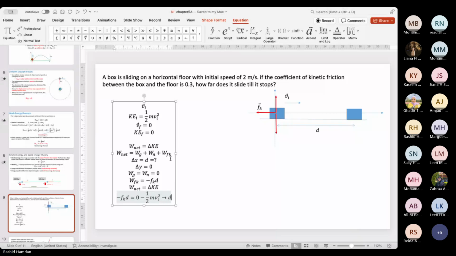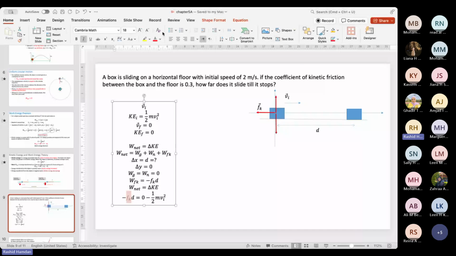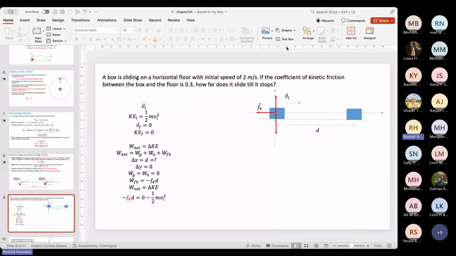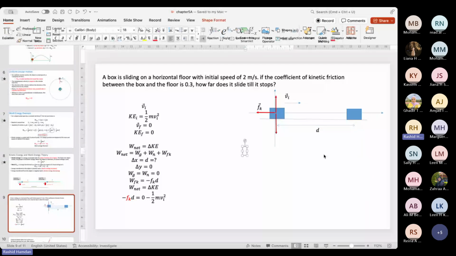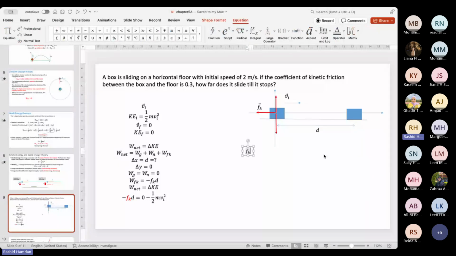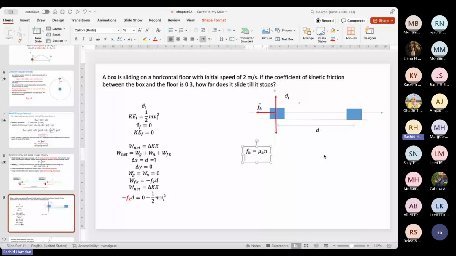So this leads to d. Well, we still have a problem. We don't know Fk. So we need to find what Fk is. Well, here we cannot do much with that. Instead we use Newton's law, because we need to know a force. So we know that the kinetic friction is equal to mu k N. So we need to find N. So I apply Newton's law only on the y direction.